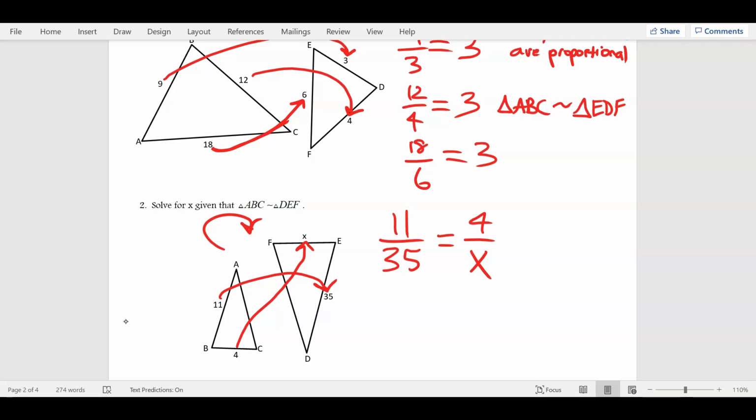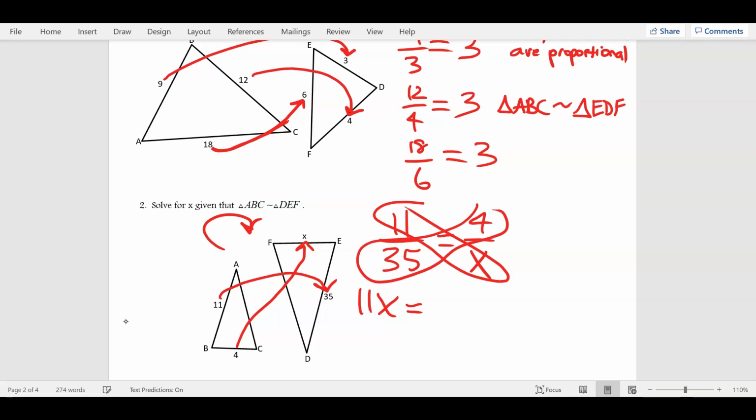All right, move your head up. So let's go ahead and cross multiply and divide this, okay? We're going to move a little bit faster because I know y'all know how to do this by now, or I hope, okay? So 11 times X is 11X equals 4 times 35 is 140.